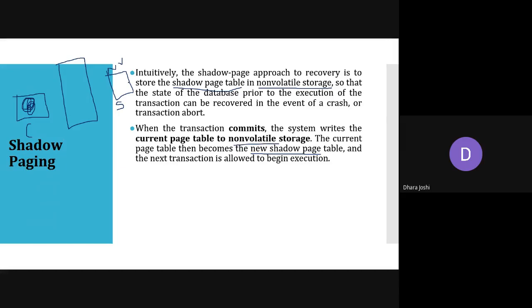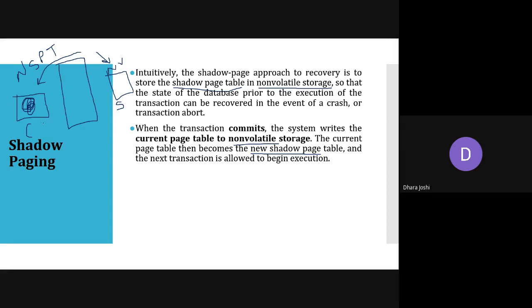That means it is going to be copied into this shadow page table, and this current page table will become a new shadow page table. That means either we just copy it, or we call this page in database, suppose we call this a shadow page in database pointer. So we are pointing to this one as the new shadow page table and the next transaction will be started.